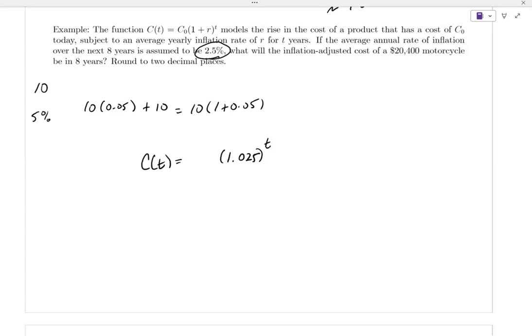Good. So this would be our model for how much the motorcycle will cost after t years. We want to know how much it'll cost after 8 years. So what do we need to do to figure out how much it'll cost after 8 years? Yeah, plug in the 8 for t. Good.